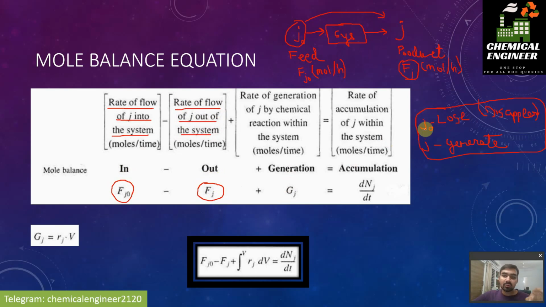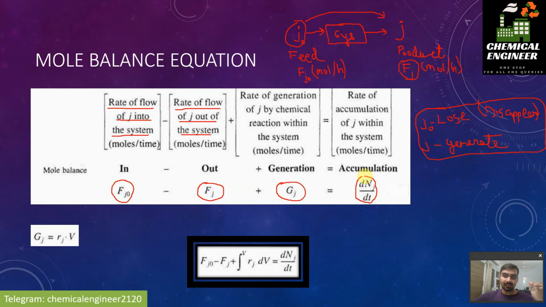Here we are taking homogeneous. Suppose 100 kg of J naught is converting to J, meaning 100 kg disappeared from J naught and is converted to 100 kg of J. So we are writing it as generation, G of J, is equal to accumulation.